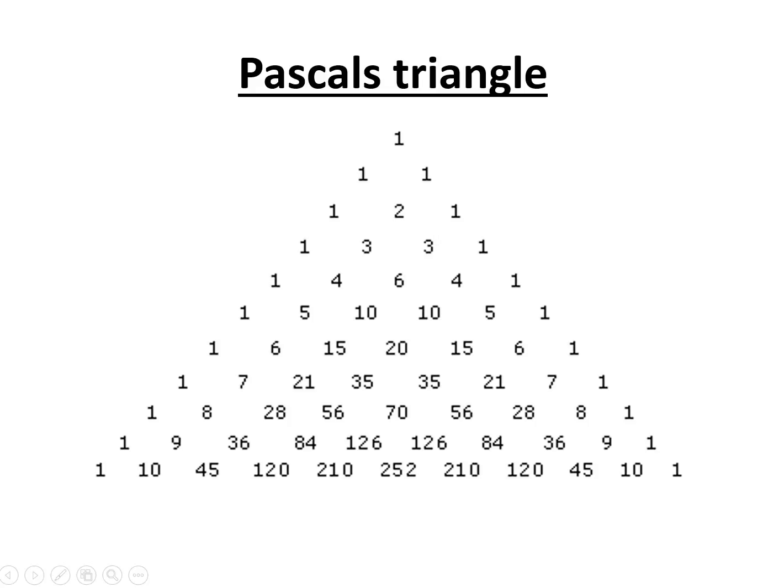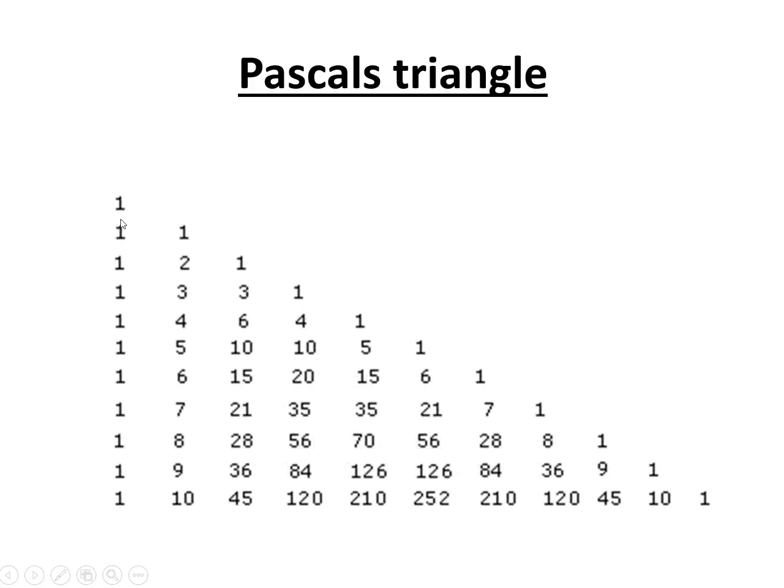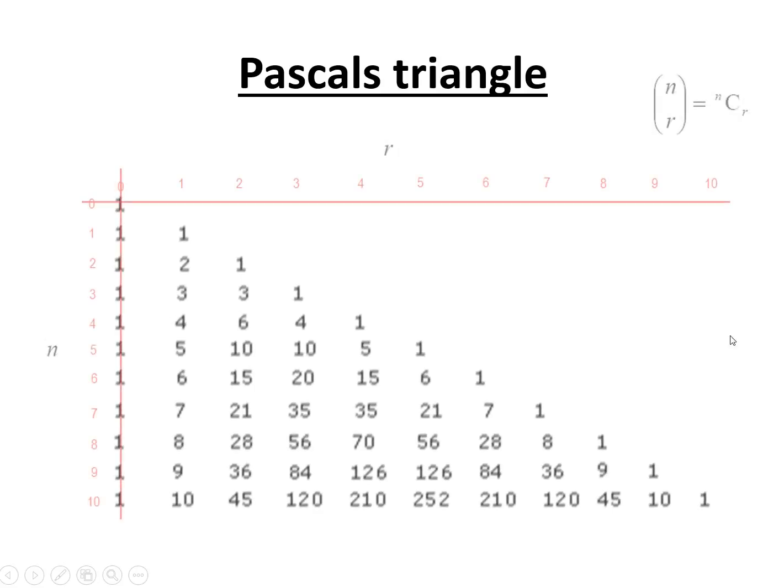But if we look at how it relates to the choose function, we're just going to shift everything over to the left, so it kind of becomes a right angle triangle on this side instead, like so. And we then plot a kind of grid on it.